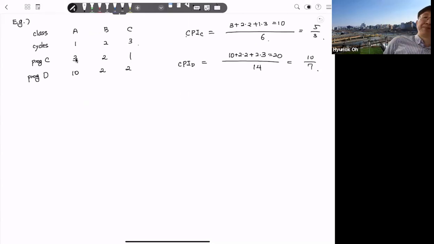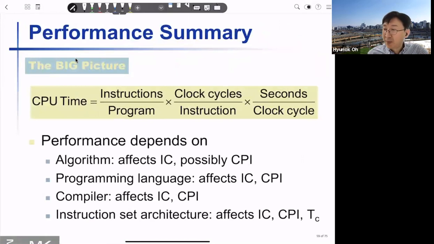So that's the basic knowledge to compute performance. You have to remember that CPU time is proportional to the number of instructions per program, the CPI, and the clock period.